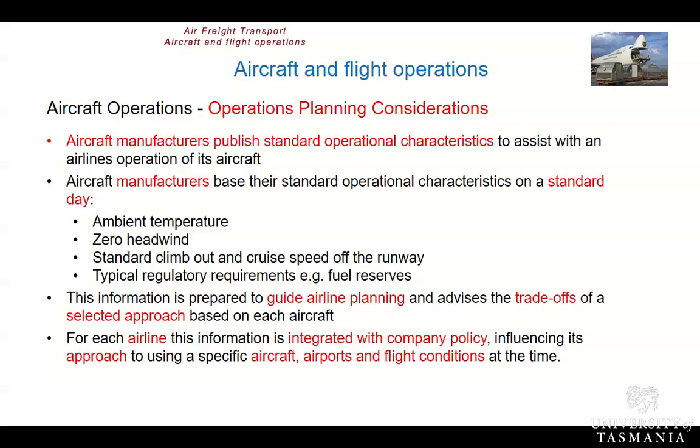For the air cargo carrier, one of the key issues is this idea of payload. In other words, how much cargo they can carry on that aircraft based on its operational characteristics.